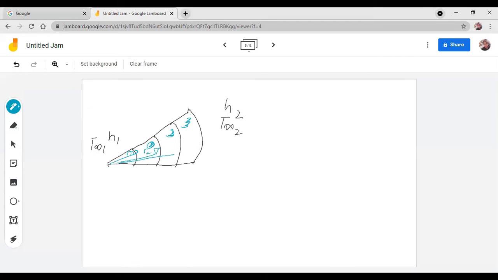This length is r2, this will be r3, and the last one is r4. So now we can express this R total, which we wrote the expression for before.